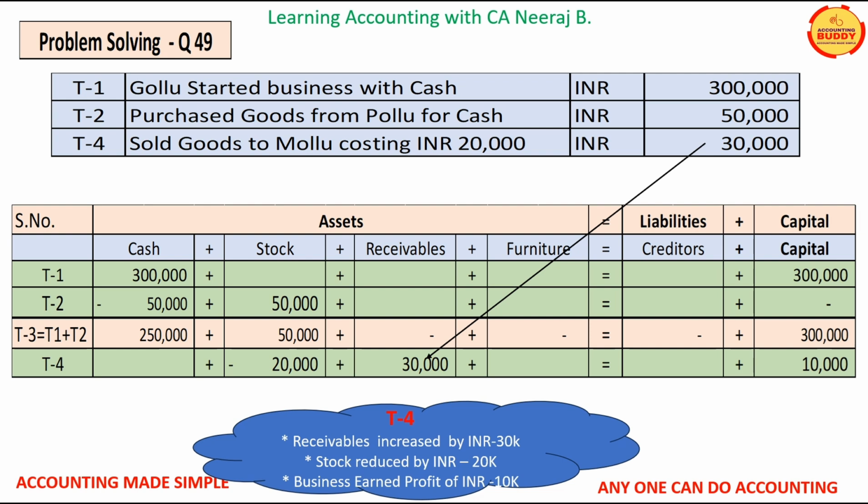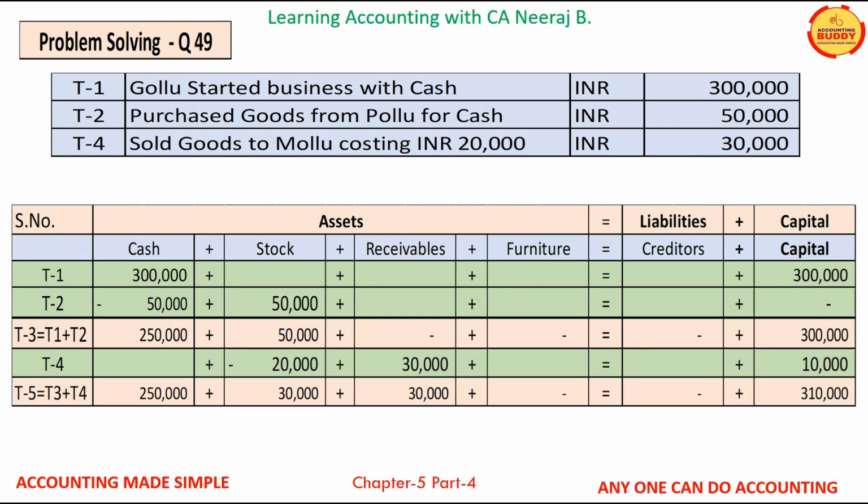Stock will be reduced by 20,000 and the capital will increase by 10,000, being the profit earned on the transaction. Post transaction T4, the new accounting equation will have cash 250,000, stock 30,000, receivables 30,000, totaling to 310,000 on the left hand side, and an equal amount of 310,000 as capital on the right hand side of the accounting equation.